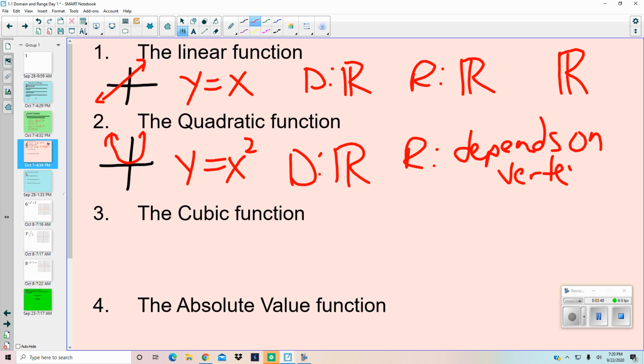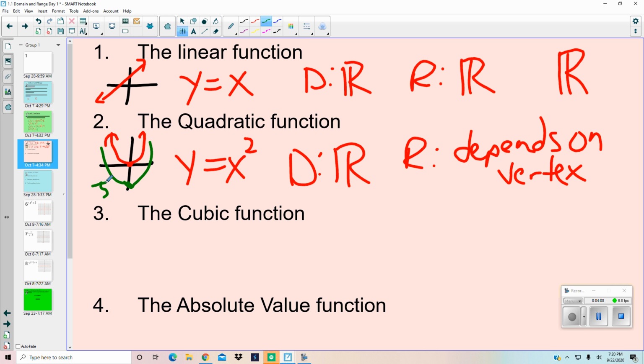So you're going to be saying the range is like y greater than or equal to 0, if the vertex is at 0. If it's shifted down, like say the parabola is down here at -5, then you do the range as y greater than or equal to -5.